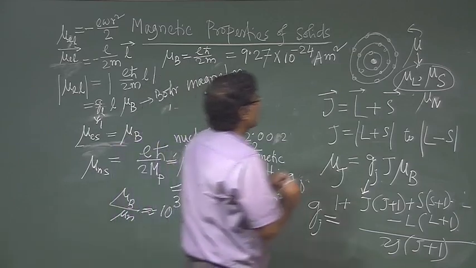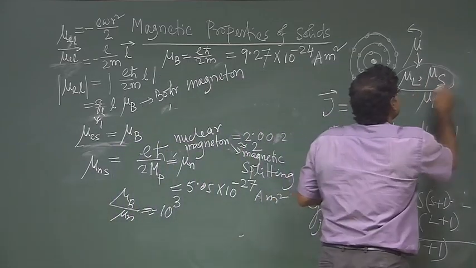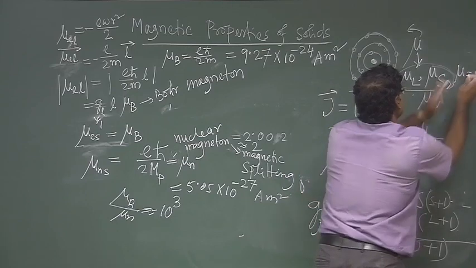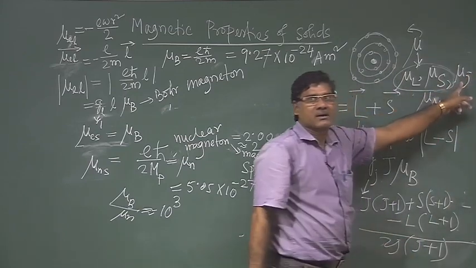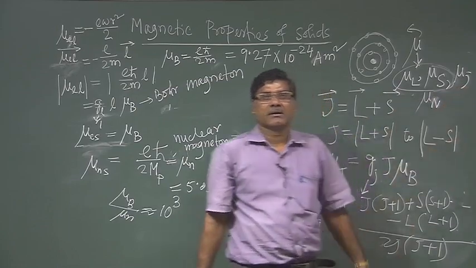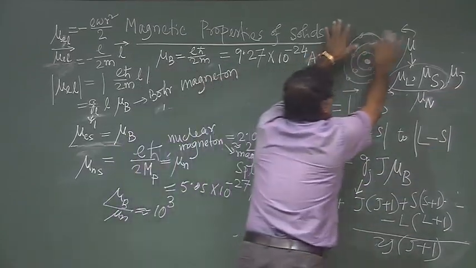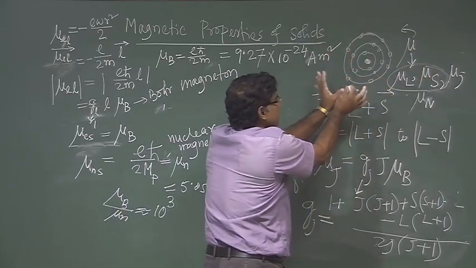So this contribution also comes as mu j. This is the total, and this value depends on the LS coupling. So this is the atomic situation, the magnetic moment for an atom.